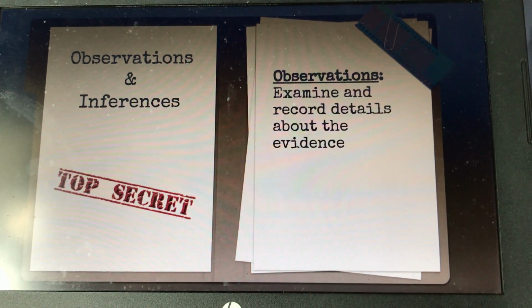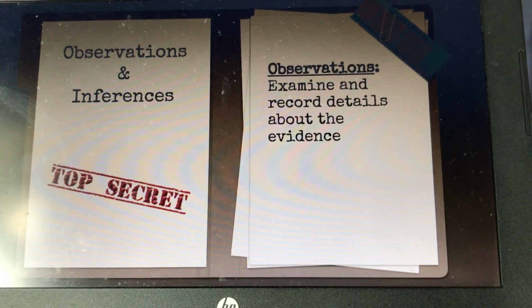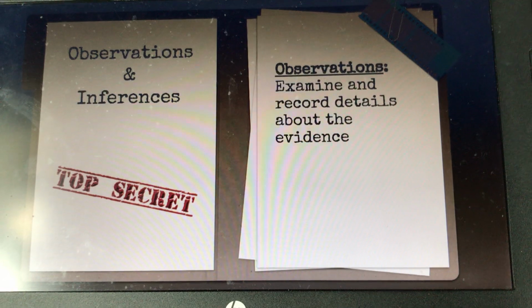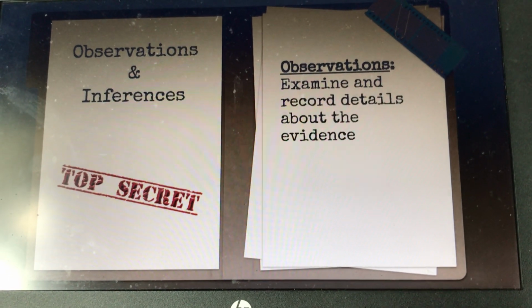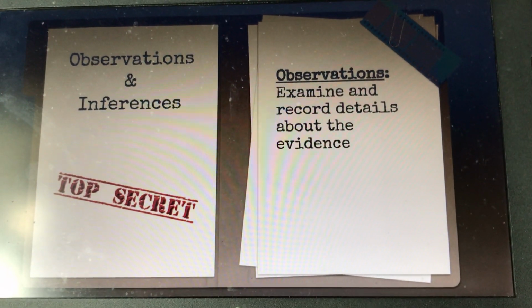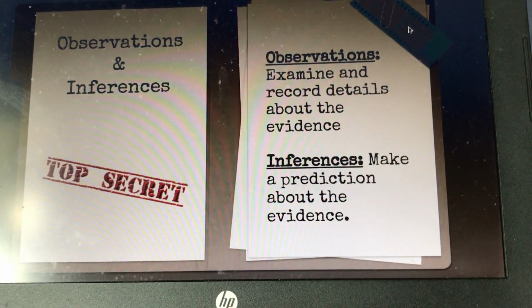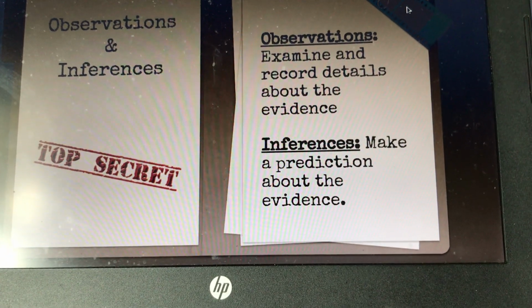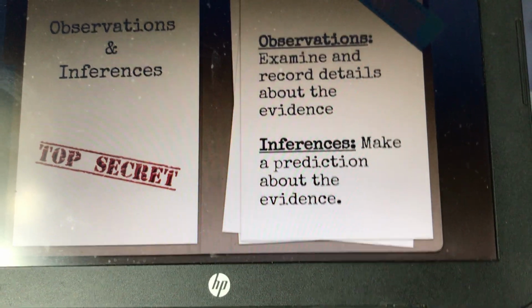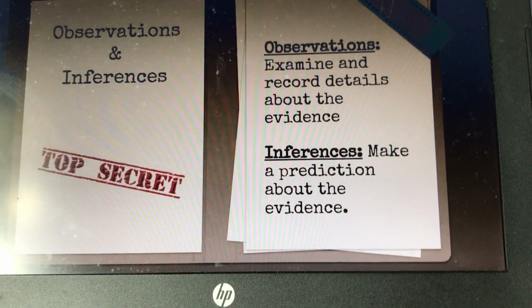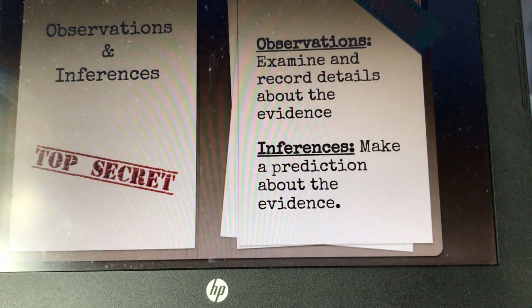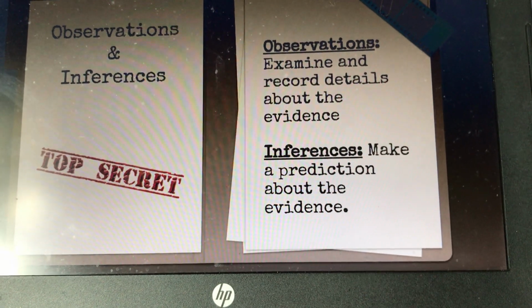You want to observe and write down specifically what you see based on the evidence in front of you. That's really important. Inferences are where you make a prediction or a guess about the evidence. What do you think it means? When you look at those observations, what do you think it means? Why do you think it is the way it is?